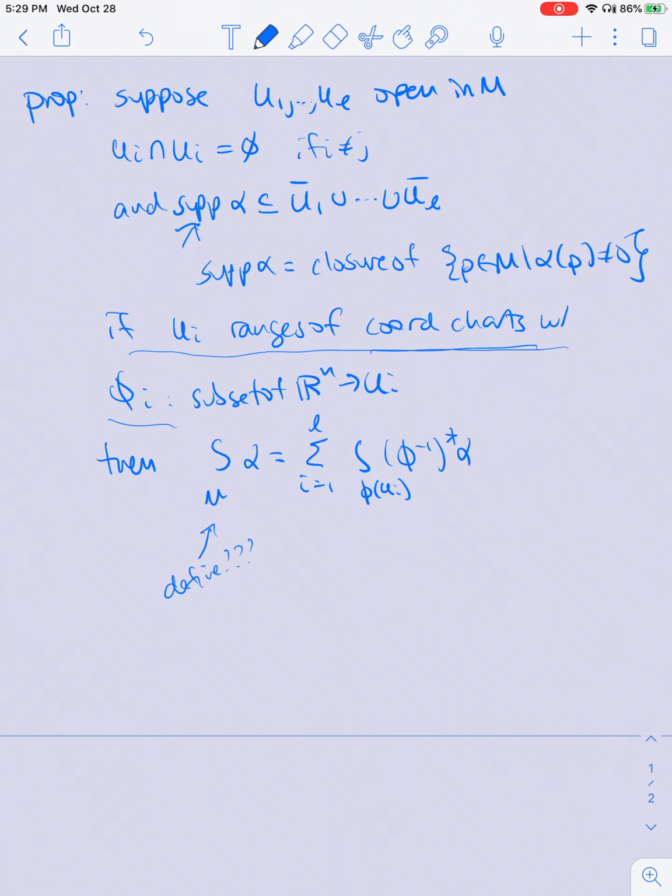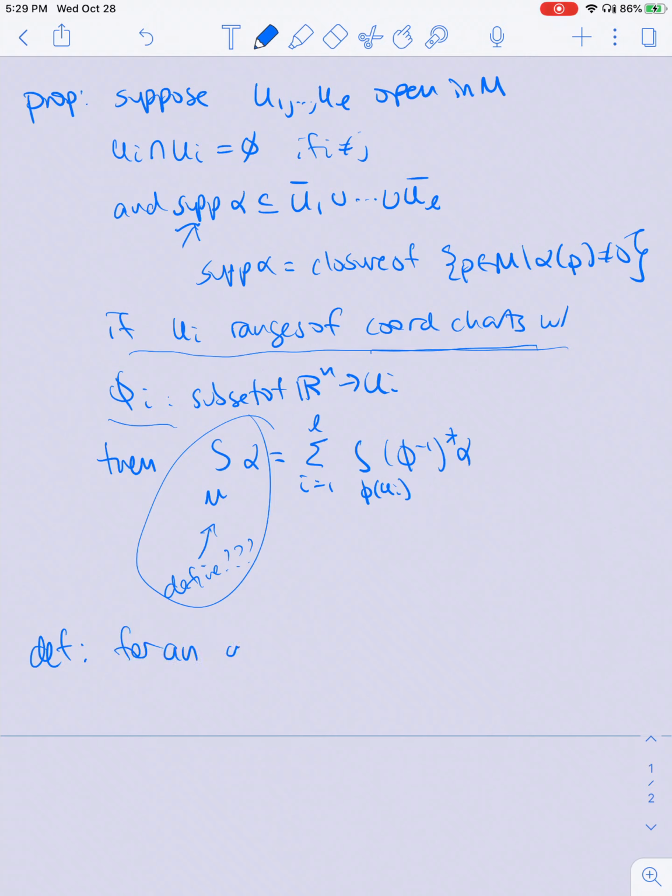So why does the left-hand side make sense in the first place? We'll explain that and then actually use this proposition to compute an integral. To define what this integral is on the left-hand side, first we need to define something called a partition of unity.